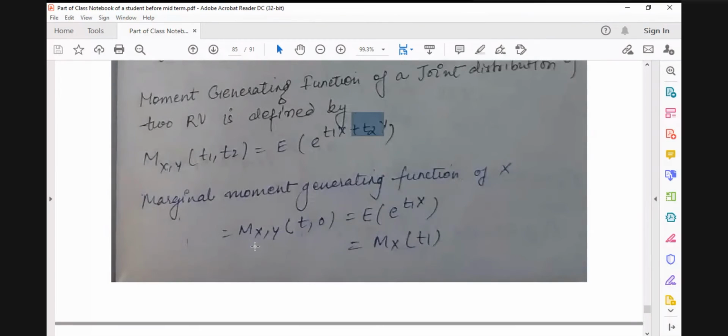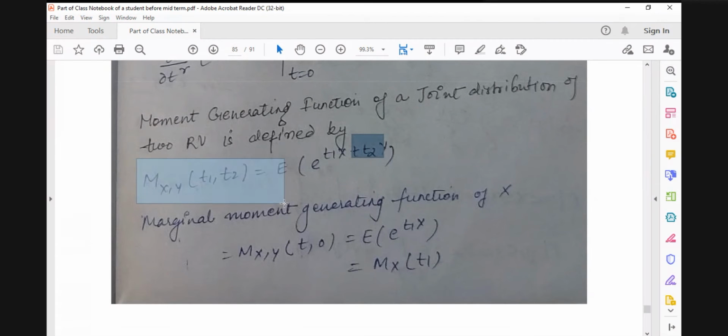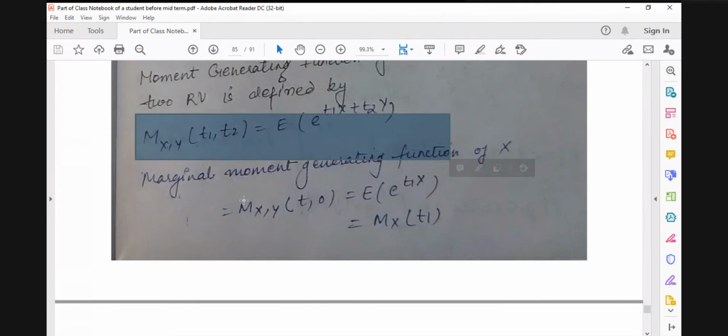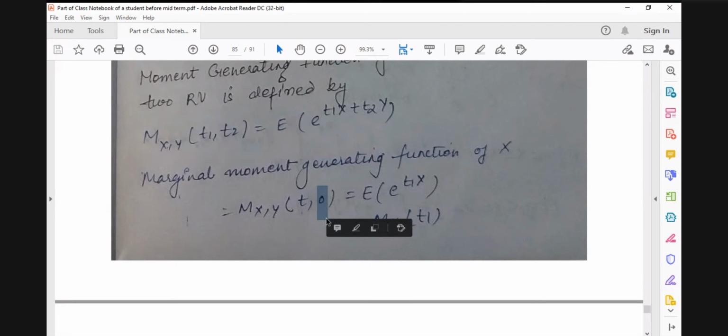So this is actually the joint moment generating function, and if from this joint moment generating function you want to calculate your marginal moment generating function of X, you put the other parameter as 0, like here you have substituted t2 equals 0.